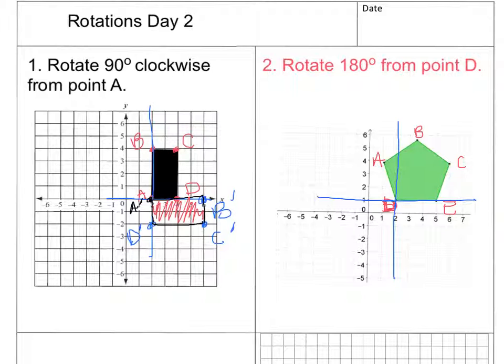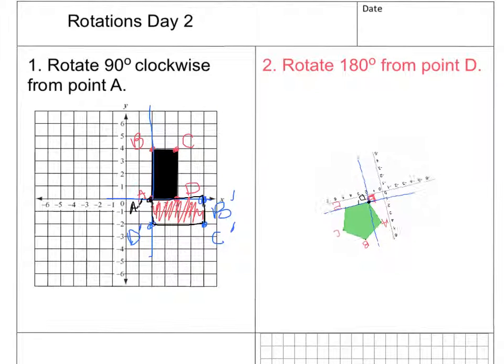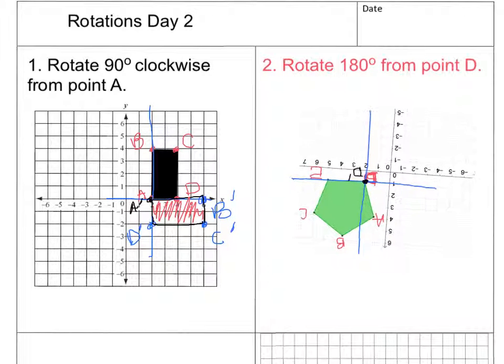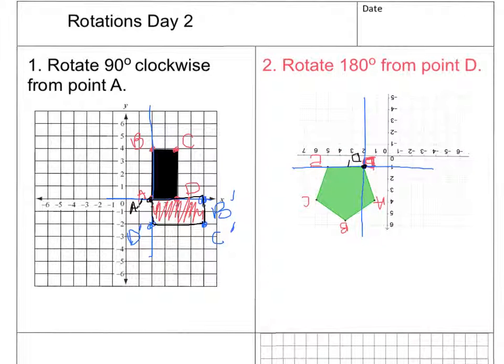Point by point. I already know where D is. Since I'm rotating it off of point D, D prime stays the same. If you want to, go ahead and take your booklet, flip everything upside down, so you can see where the points go.